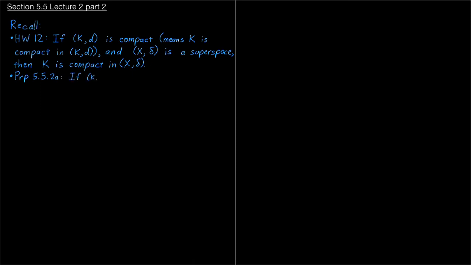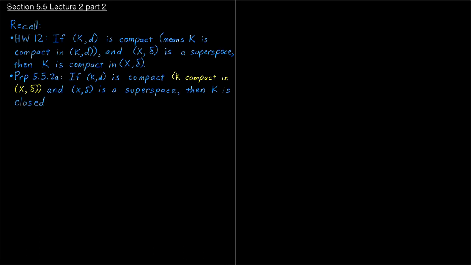If (K,d) is compact, or rather, proposition 5.5.2a says that if K is compact in (X,delta), which just means that (K,d) is compact and (X,delta) is a superspace, then K is closed in (X,delta). The converse is not true.